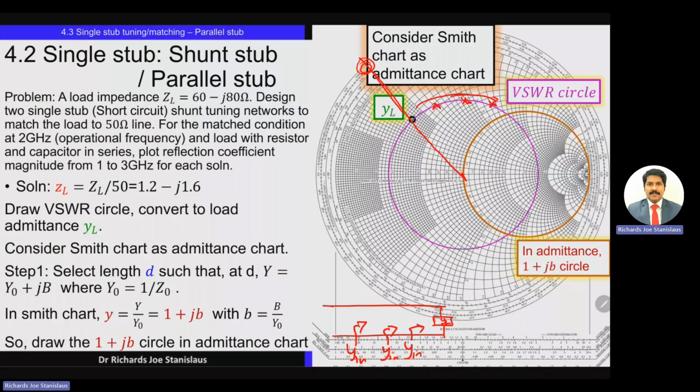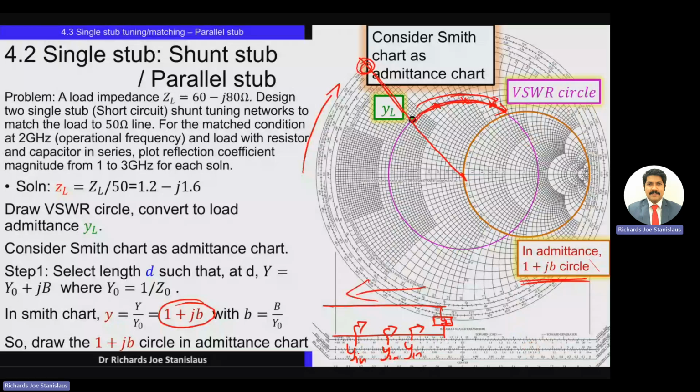As you move along the transmission line from the load towards the generator, in the Smith chart you are moving in the clockwise direction on the VSWR circle, and all the values it takes represent the respective input admittances. Now, as in the previous case, we need to identify a point where the admittance is 1 plus jB or 1 minus jB. For finding that, we need to draw the 1 plus jB circle.